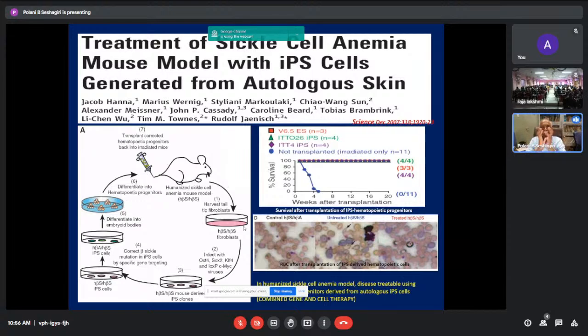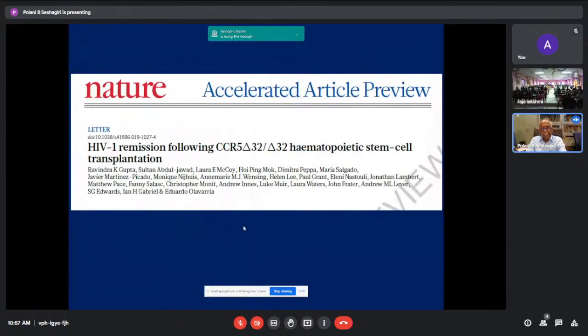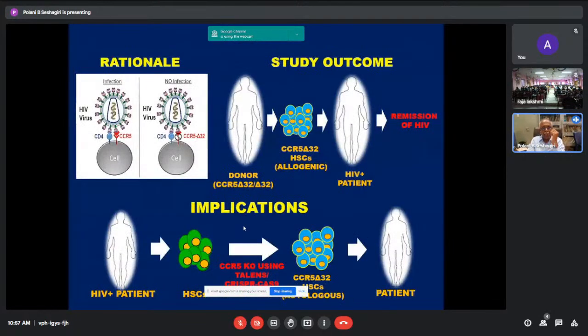So the opportunities of potential application of iPSC-derived cell types, both for cell deficiency problems as well as gene deficiency problems, can be addressed by this combination of stem cell-based as well as gene targeting-based approaches, even for genetic disorders. A similar approach has been used for alleviation of HIV.